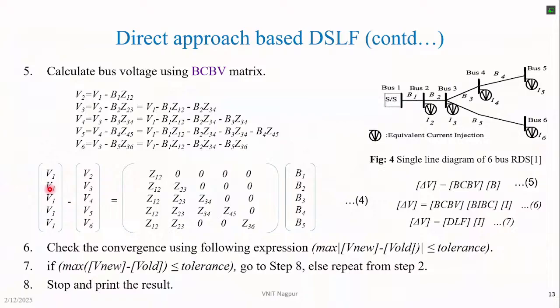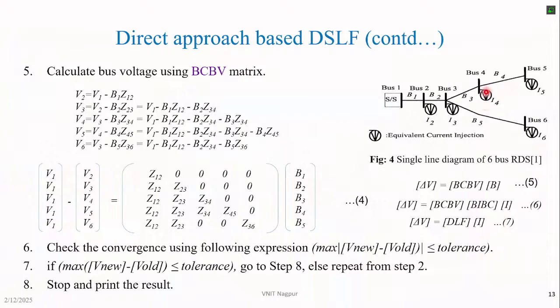When we calculate the voltage mismatch between V1 and V2, we see only Z12 is present over there. But if we calculate the drop between V1 and V3, at that time you may see Z12 plus Z23, the impedances for these two branches play a role.